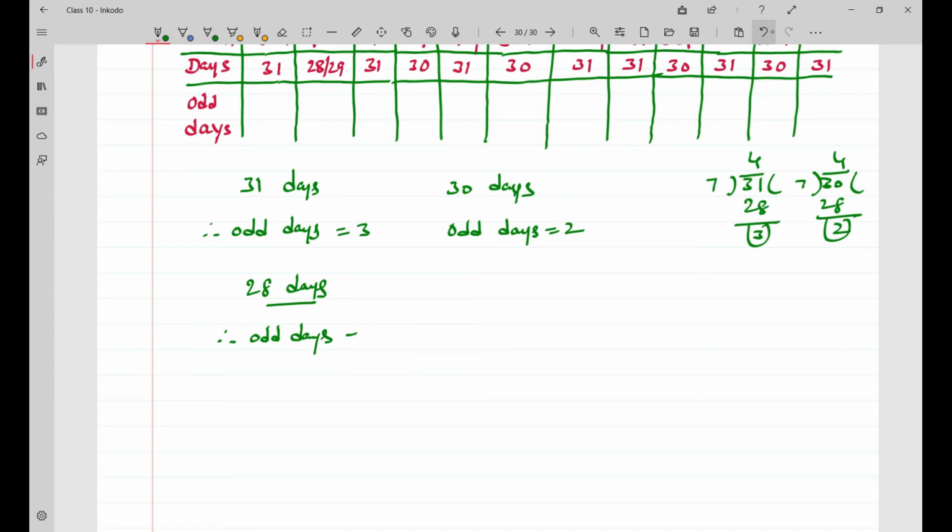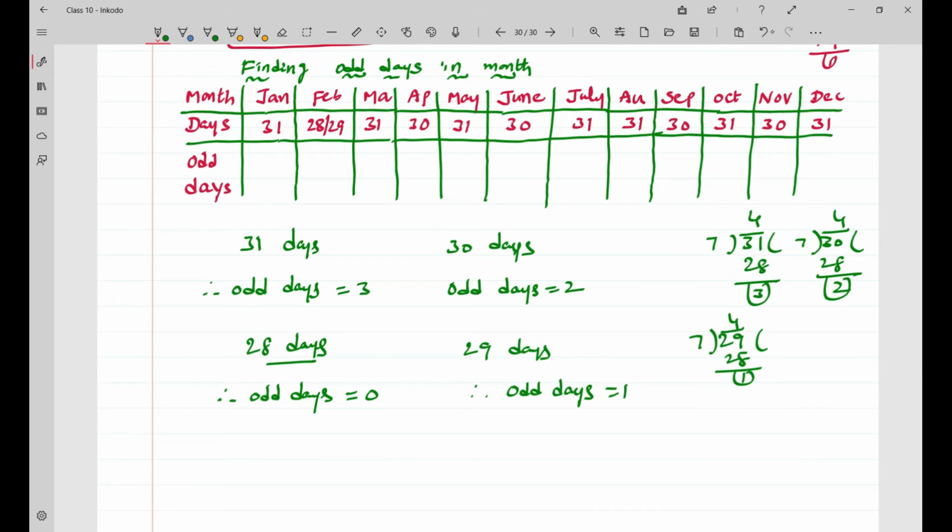So odd days equal 0. When there are 29 days, let's find odd days. 29 divided by 7. So we got remainder 1. So the number of odd days is equal to 1.